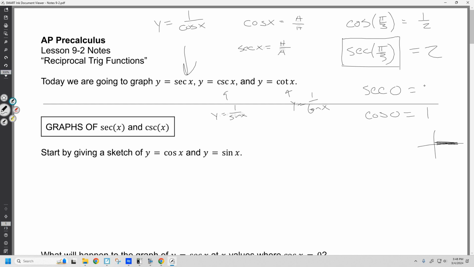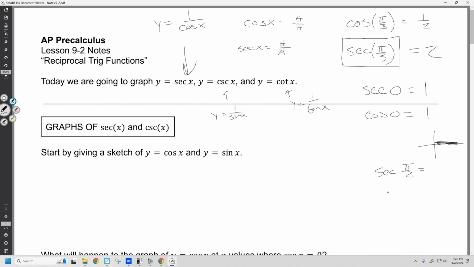All right, cool. What's the secant of pi over 2? Undefined is correct.